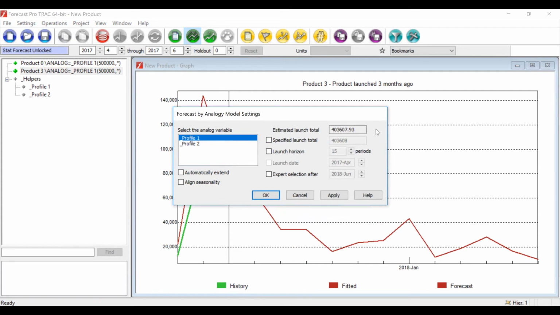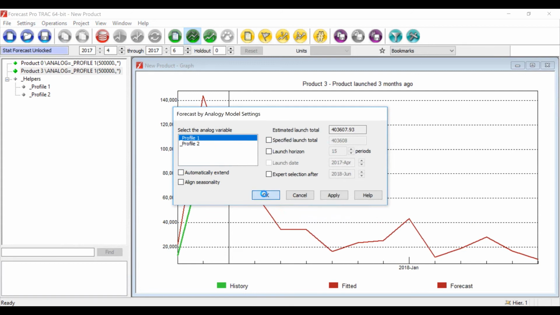That 31.8% is being used to project the 3 months of data to the whole first year. Basically we're taking the sum of the sales in the first 3 months and dividing by 0.318 to get to this estimated launch total.